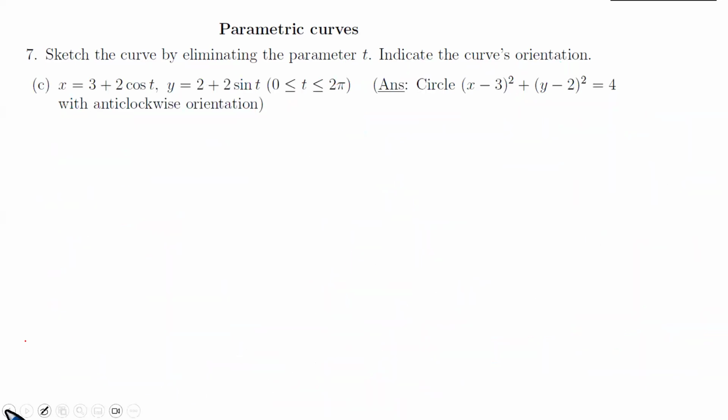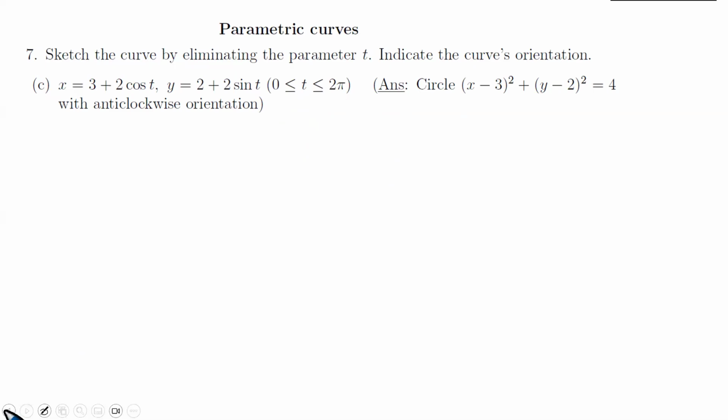But also I need to mention here that these particular graphs would actually be, you see, like this one, it's a full circle, because the parameter, the angle, is like a full revolution.